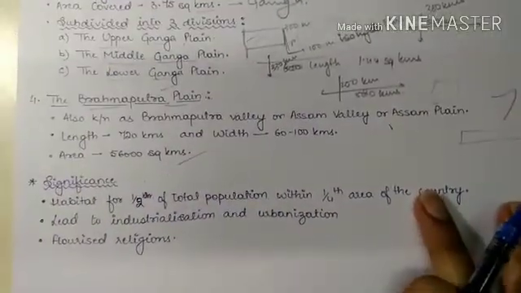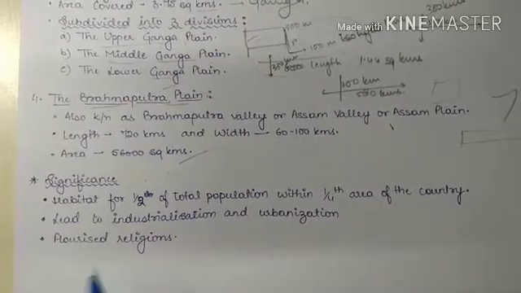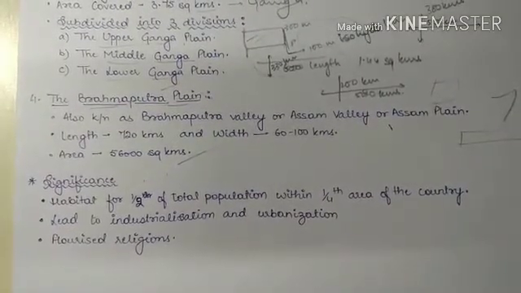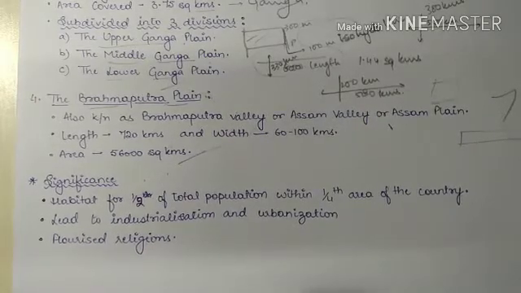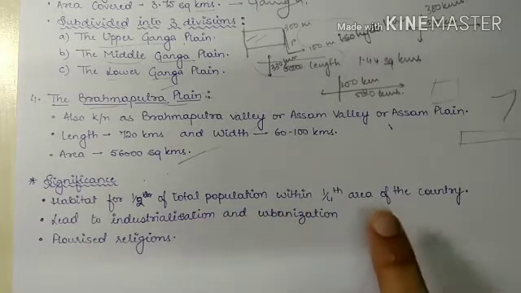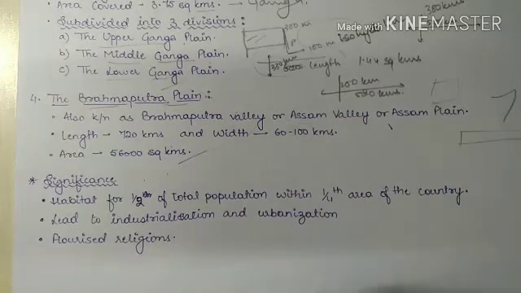The Northern Plain has fertile alluvial soil, flat surface, and slow-moving perennial rivers. Along with it, they have a favorable climate, because of which about half of the total population of India is living in this one-fourth area of the country.